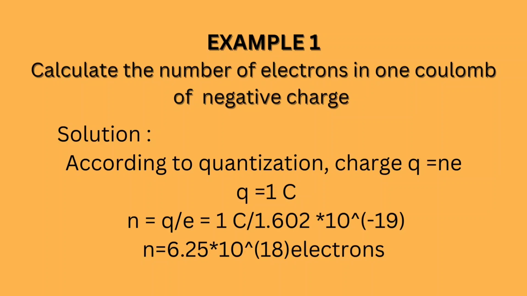Here, Q is equal to 1 coulomb, n is equal to Q by e, equal to 1 coulomb divided by e, the value 1.6 into 10 power minus 19. We divide and get the answer 6.25 into 10 power 18 electrons. So we get the number of electrons in 1 coulomb of charge.